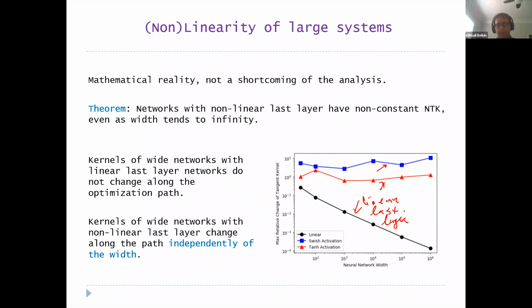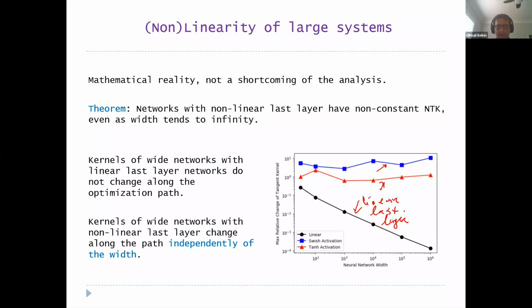And on the x-axis, I have neural network width, so I'm increasing the neural network width. On the y-axis, it's a relative change between the tangent kernel at W naught and the tangent kernel at convergence, where we had some stopping condition. The loss was smaller than something like 10 to the minus 3 or something. I forget exactly.